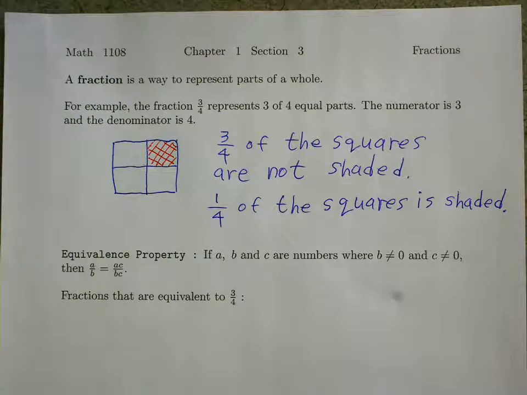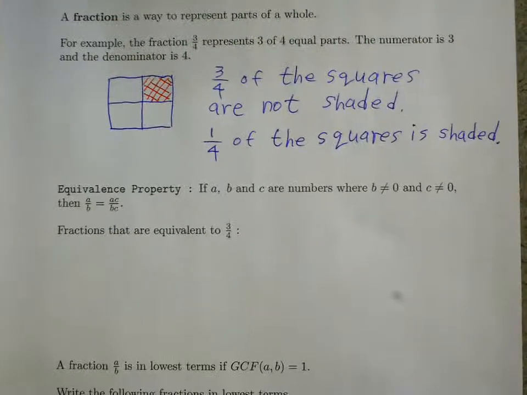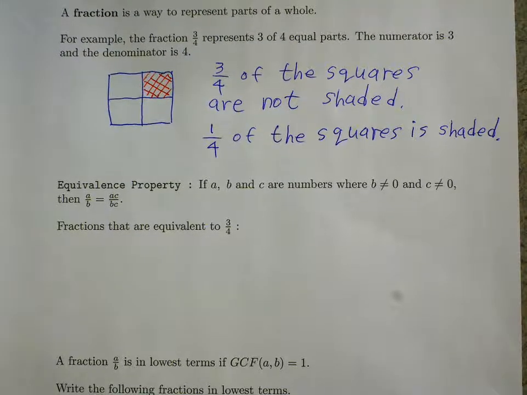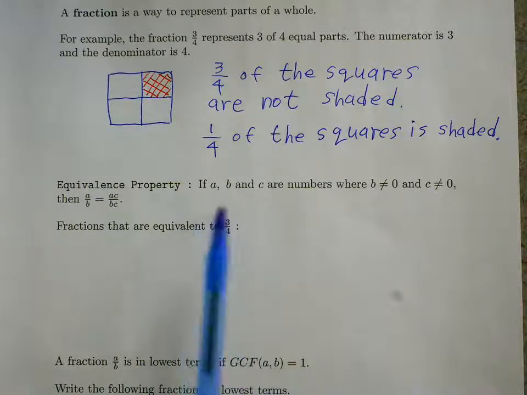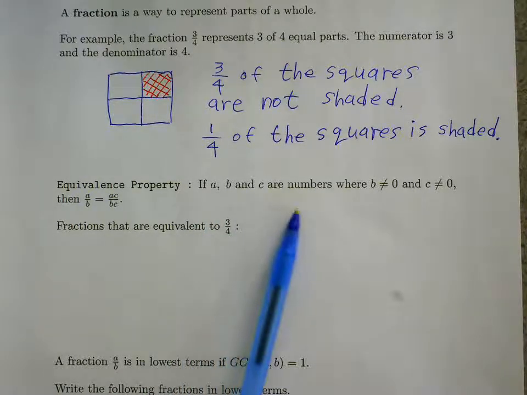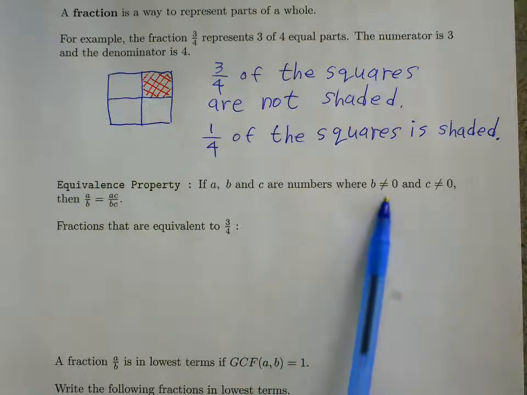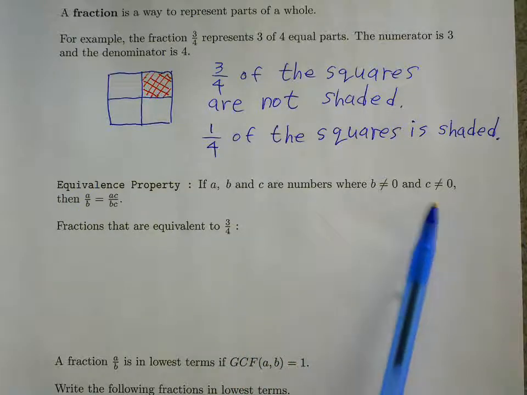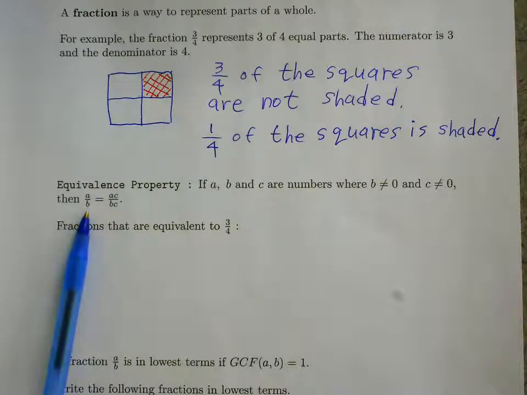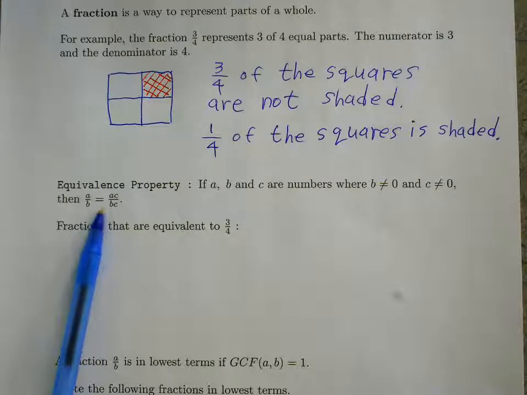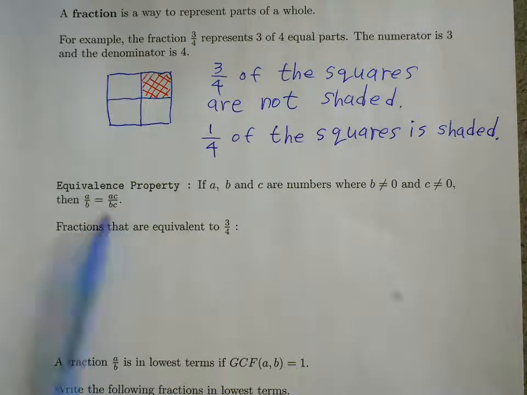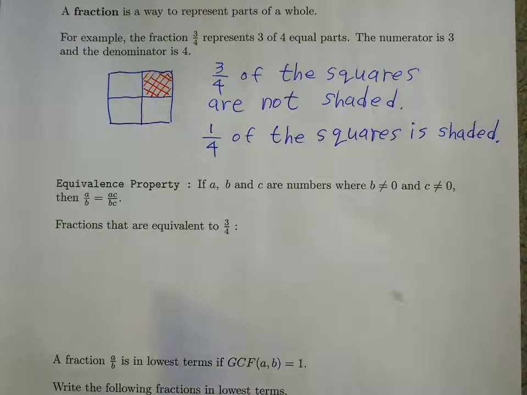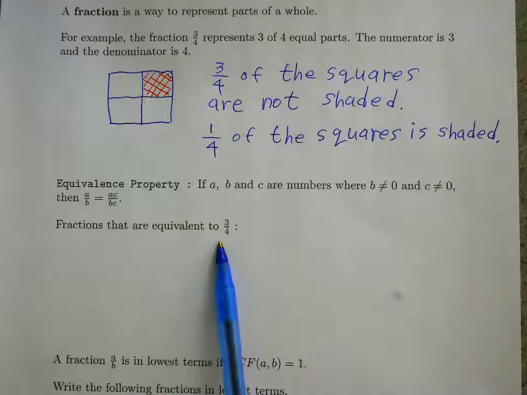Okay, the next thing is the equivalence property. So if A, B, and C are numbers where B is not equal to 0 and C is not equal to 0, then the fraction A over B is equal to A times C over B times C. So let's list a few fractions that are equivalent to the fraction 3/4.